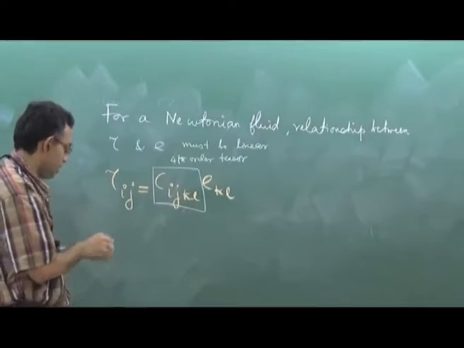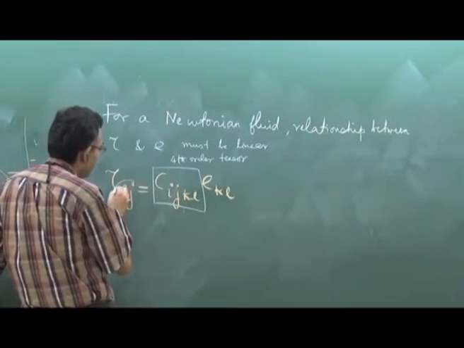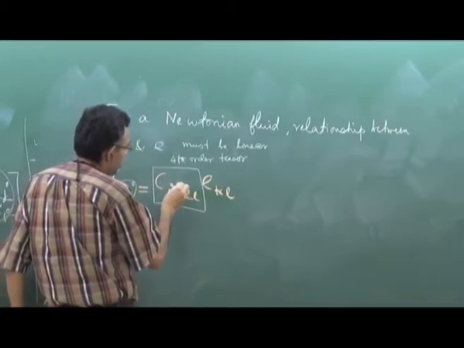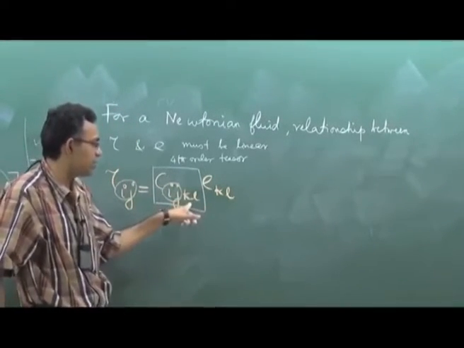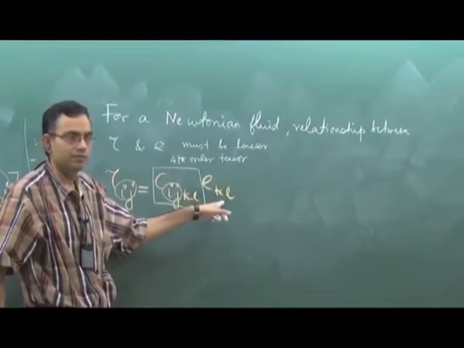You can see on the left hand side you have free indices i and j. On the right hand side also you have free indices i and j, and there is summation over k and summation over l.